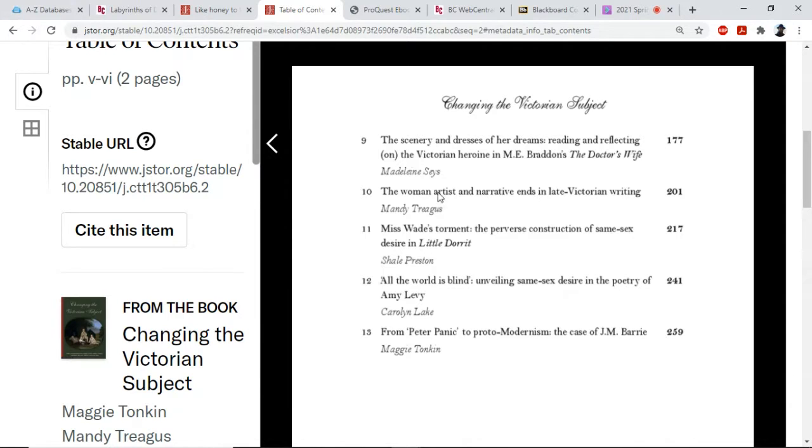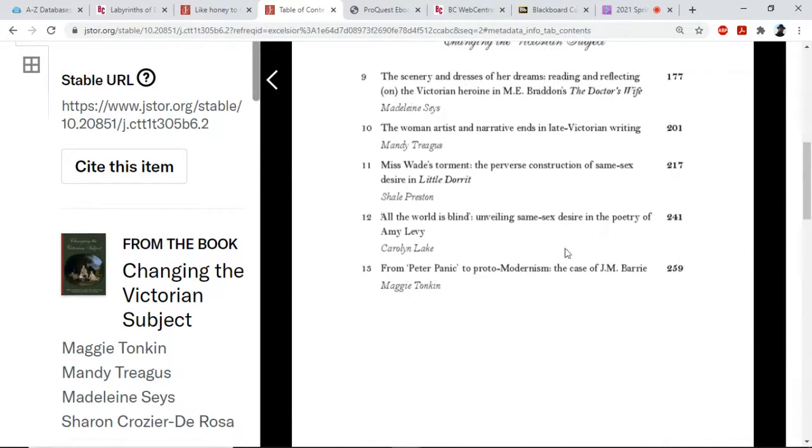This might be helpful just as a general. This suggests that it's taking a wider general view of women artists in late Victorian writing. So that might possibly trigger an alarm that this might be helpful.